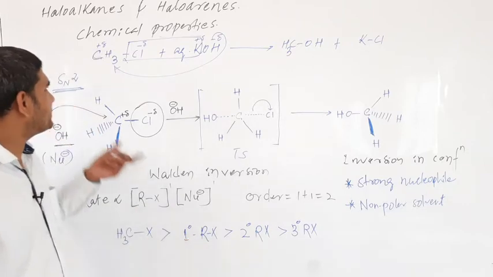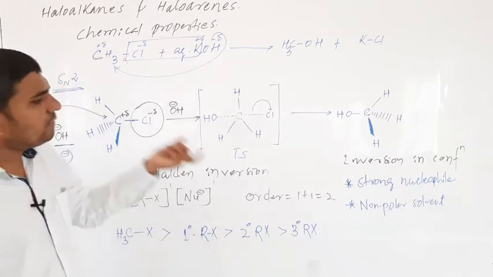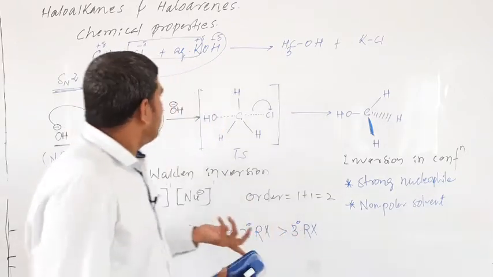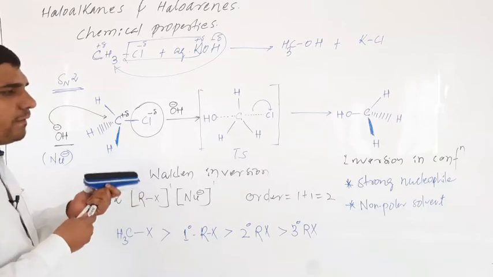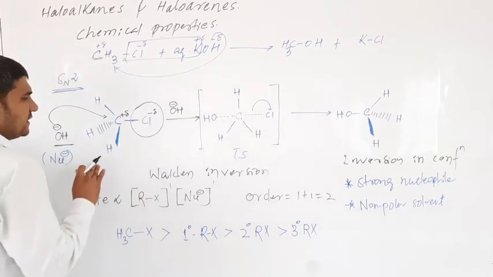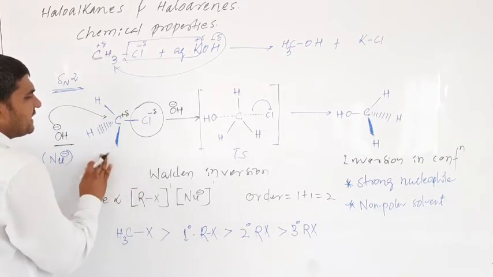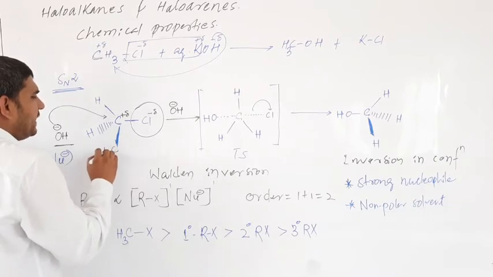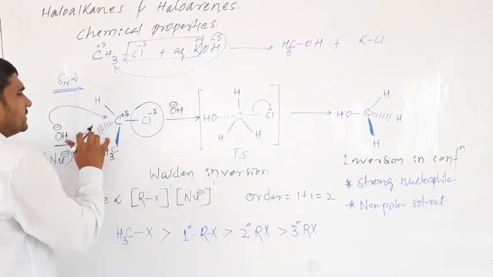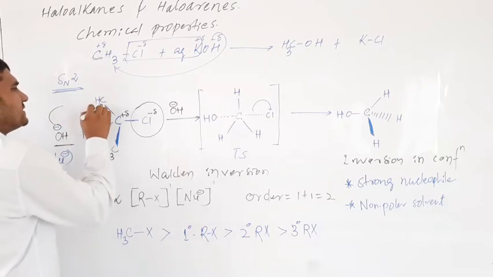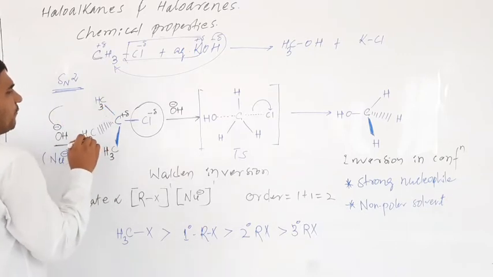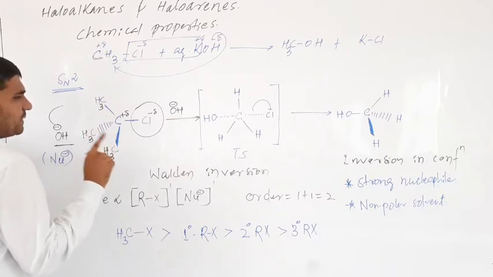Now, one more mechanism. Now the question arises: if primary alkyl halide undergoes SN2, then what about tertiary? Why will tertiary not undergo SN2? Tertiary means I will replace this one by CH3. I will explain here itself.